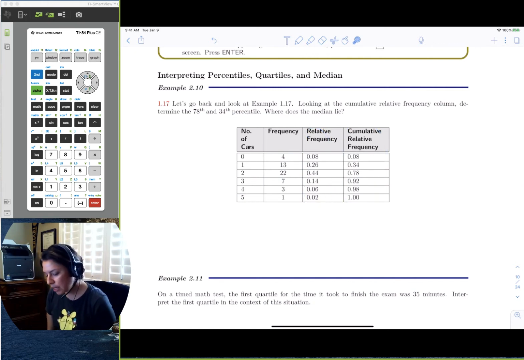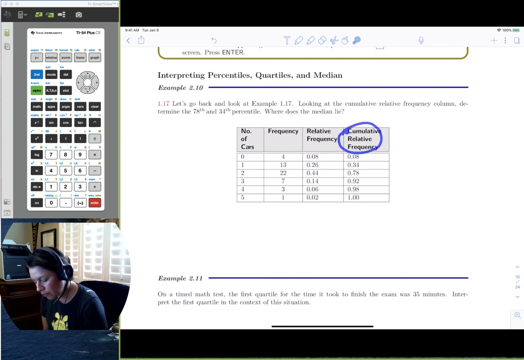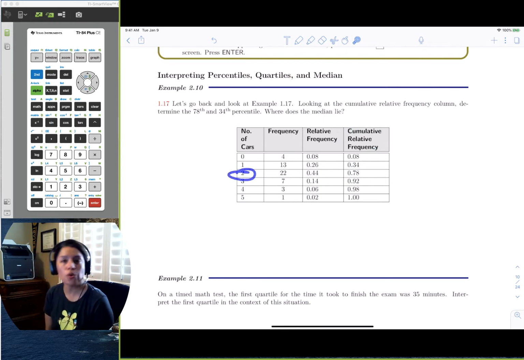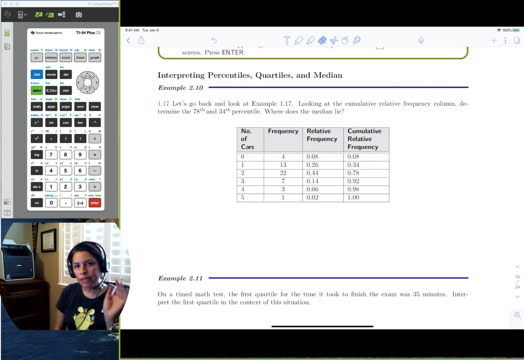So we said here, and this is the number of cars per household, back in chapter 1, that 26% of the 50 households owned one car. Or in the cumulative relative frequency, 78% owned 2 cars or less, because it was cumulative.